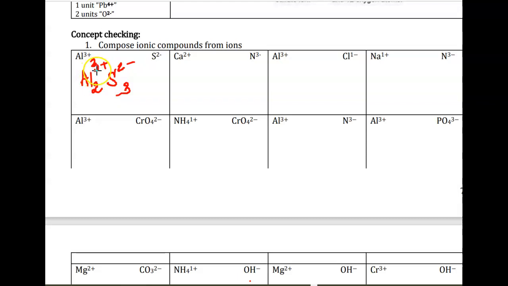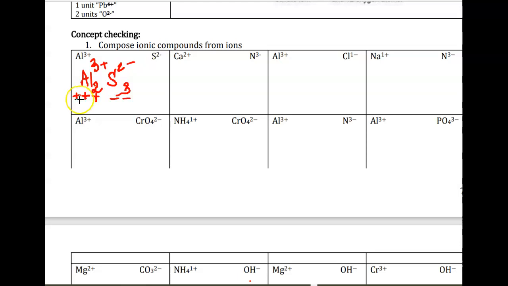If we have one aluminum, it gives us 3 positive charge. I will draw this like 1, 2, 3 pluses here, right? But one sulfur anion, or sulfide anion, gives us 2 negative. But the whole compound needs to be neutral.